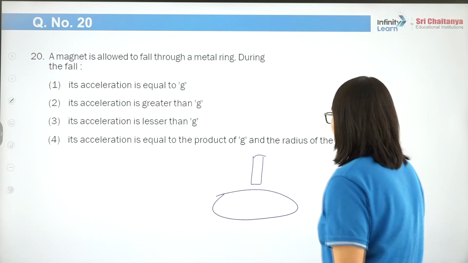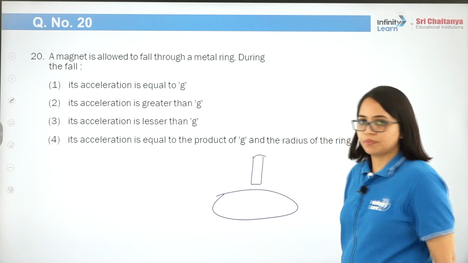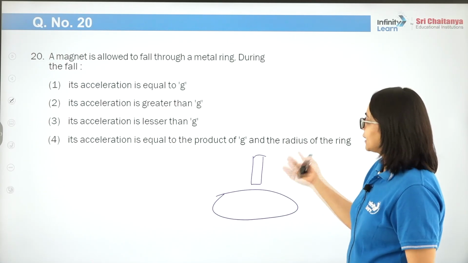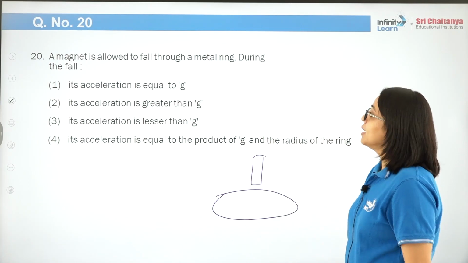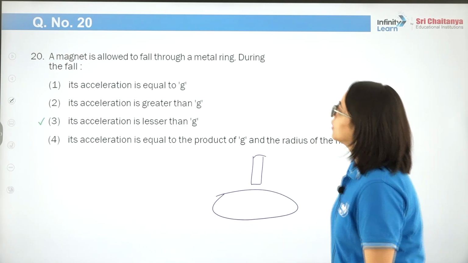Because of this opposition, the net force on the magnet will be less than g. So the acceleration of this magnet falling through the metal ring will be lesser than g. So the correct answer is option 3.